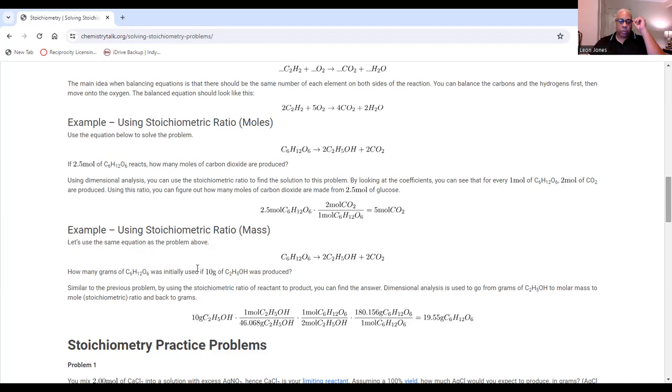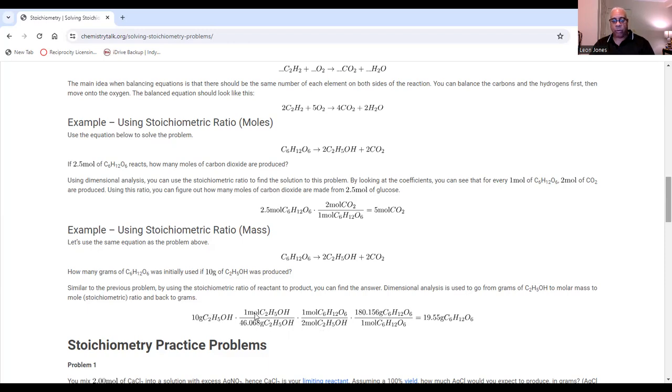So what you have to do is go to your periodic table and you have to find out what this element is. And you're going to do some mathematics. So you're going to take the 10 grams that you're already given. Now we're going to moles again. So how many moles of C2H5OH are they?